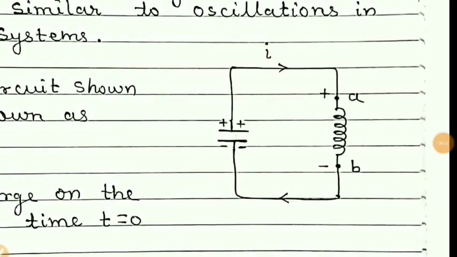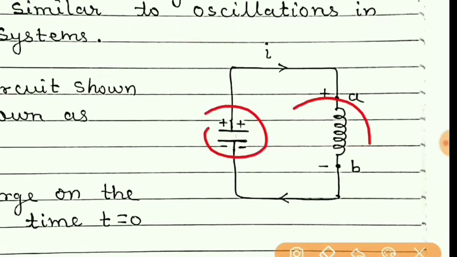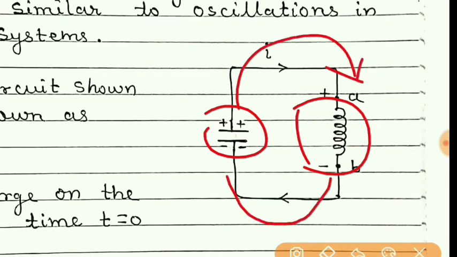So it is clear that the energy will continuously transform from capacitor to inductor and then inductor to capacitor, and this process will continue for infinite time in an ideal LC oscillator circuit.